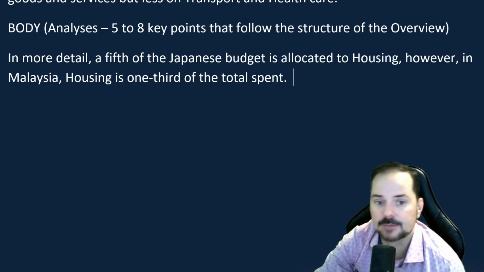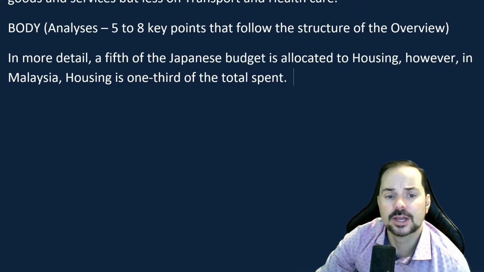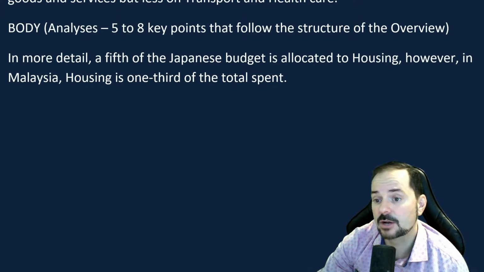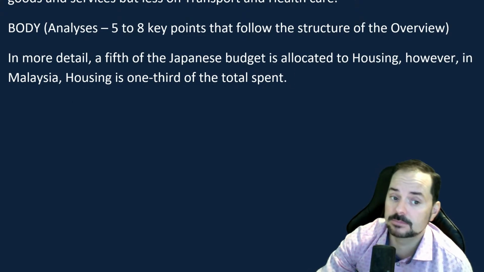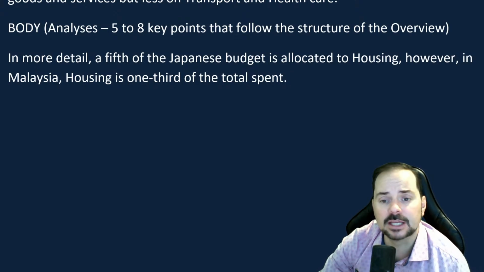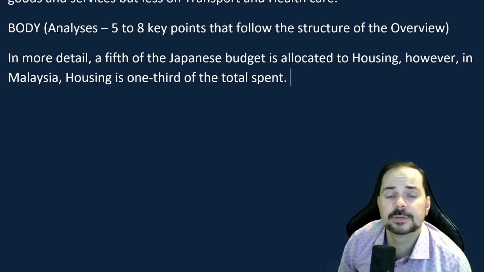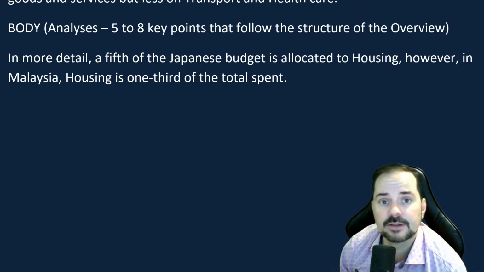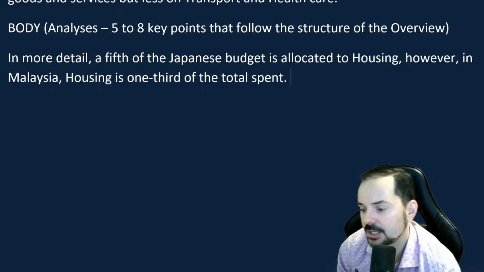So in more detail, a fifth of the Japanese budget is allocated to housing. However, in Malaysia, notice the use of commas here for the transition, housing is 1/3 of the total spend. Lovely. Now if somebody is drawing that pie chart for us, they can draw that 1/5 slice and that 1/3 slice, right?